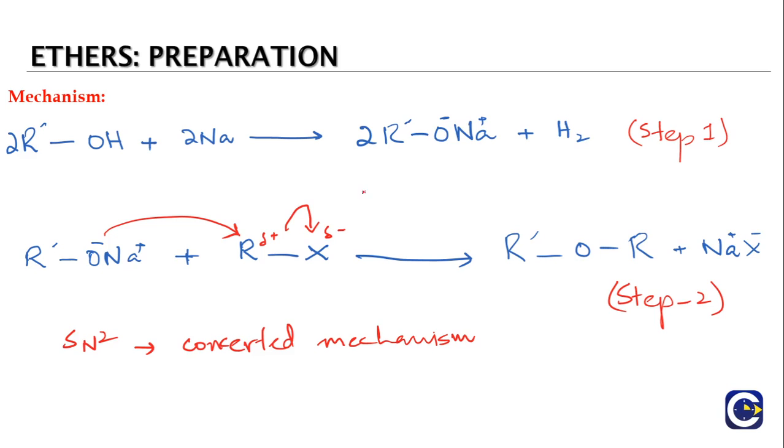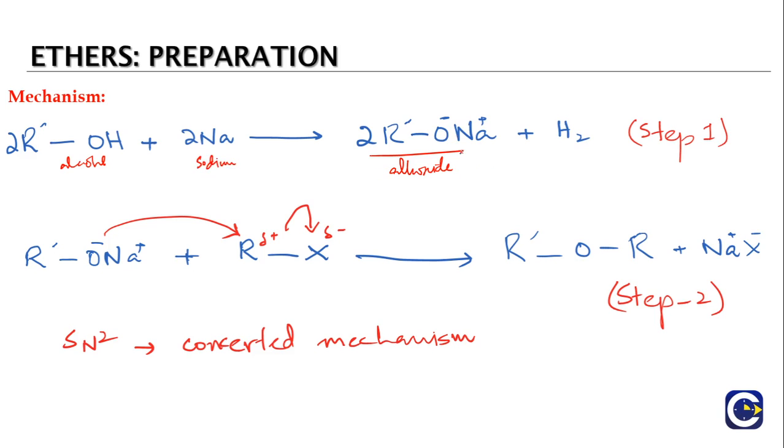This is the general mechanism of this reaction. It is a very simple mechanism, because it is the SN2 mechanism. The first step is the preparation of the alkoxide or the phenoxide ion. It is by the reaction of alcohol with sodium metal. When these two react, we get the alkoxide ion.